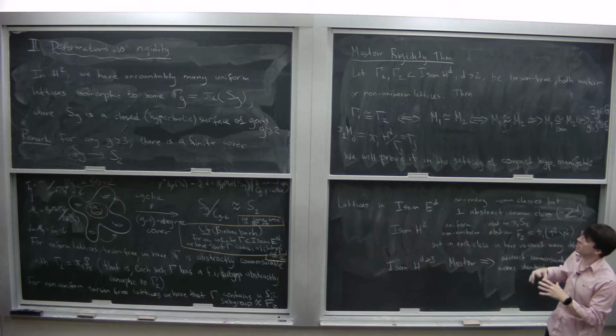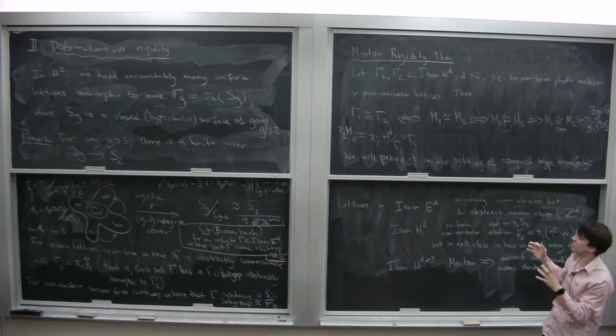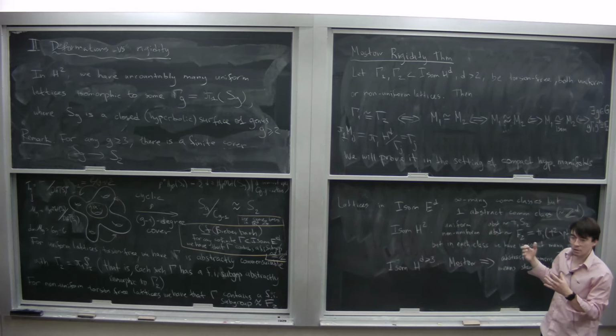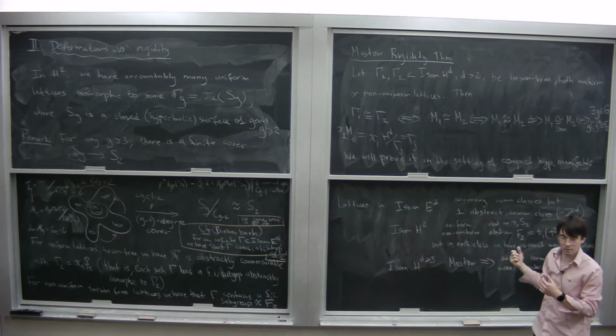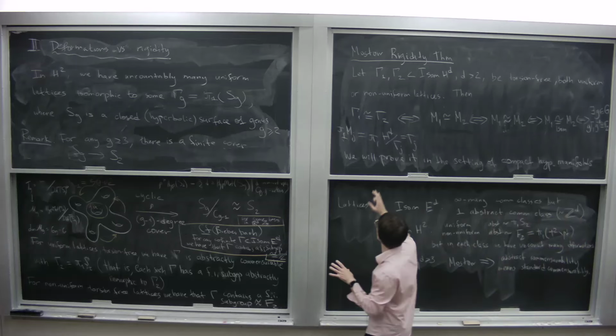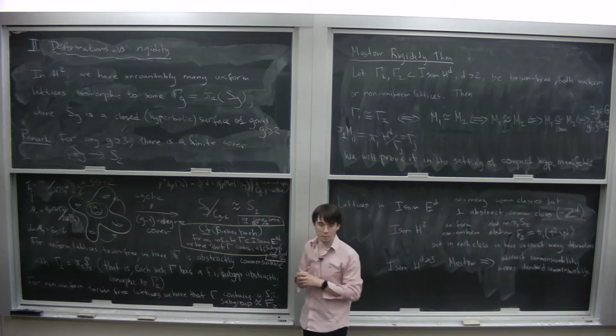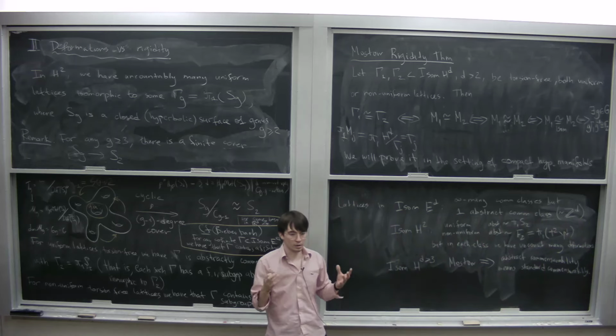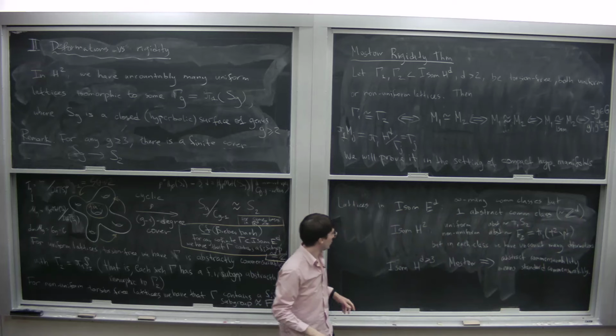But then this implies that I have a common geometric finite cover for the manifolds M1 and M2 if I have one abstract subgroup, right?